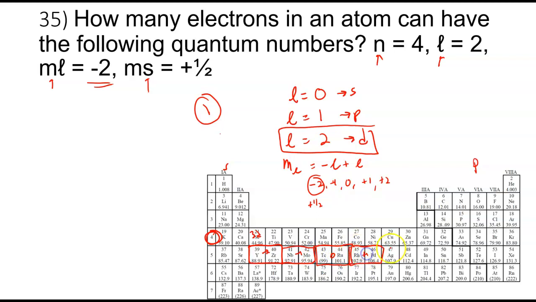Hund's rule. Plus 1, plus 2. So that means we're in this one. And if this one is up, that would be plus 1/2, right? Well, no other electron can be up. The other one will be over here and be going down. So the answer is 1, right?